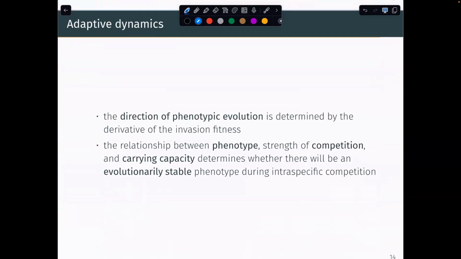So this direction of phenotypic evolution depends on your selection gradient, like I've just said. And we did a little bit of modeling to start with on intraspecific competition. The details of this last one don't really matter, except for the process of how one finds things like a singular strategy. The actual relationship between carrying capacity and competition is not something you need to remember.